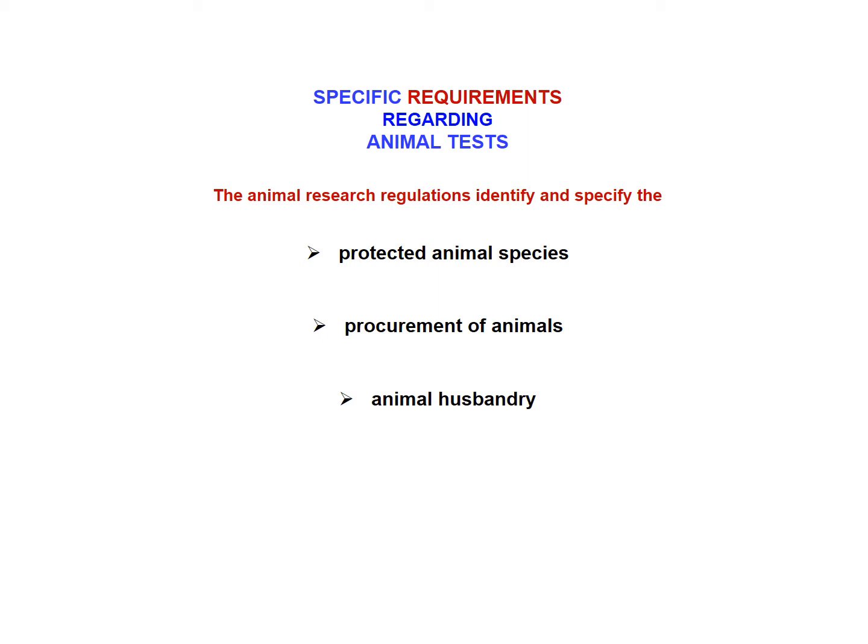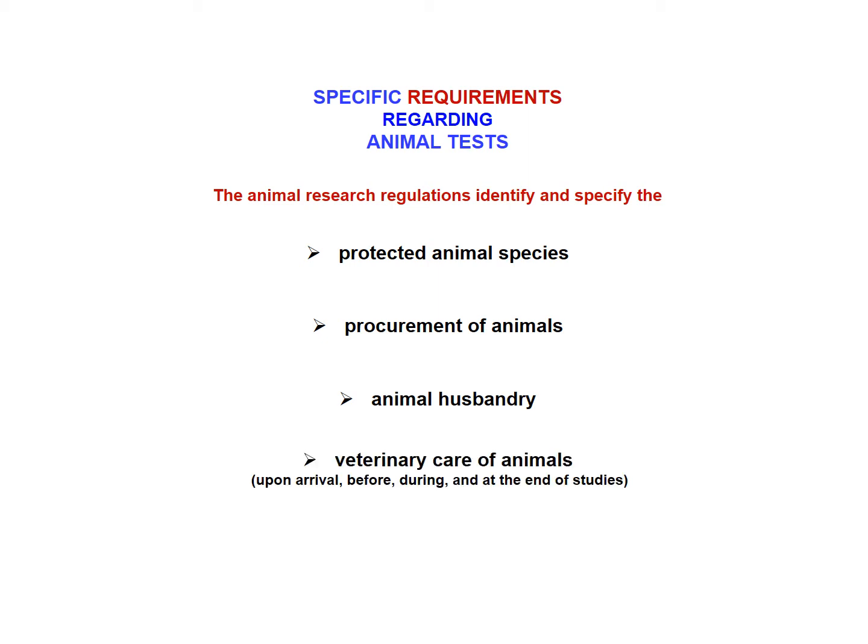The laws regarding animal tests cover this aspect as well. Therefore, appropriate applications by biomedical engineers must cover this aspect in detail and provide all information.